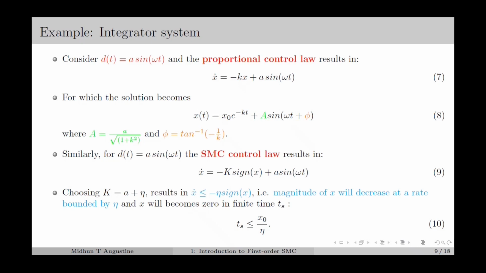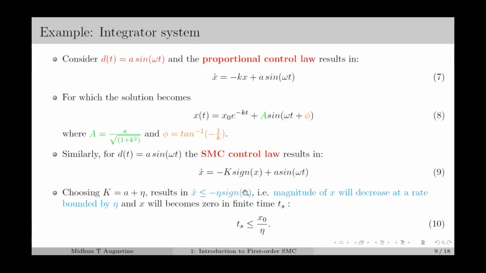Similarly, for the disturbance d equal to a sin omega t, the SMC controller results in x dot equal to minus k signum of x plus a sin omega t. Now here, if we choose the switching gain k equal to small letter a plus eta, where eta is some positive constant, we can ensure that x dot is less than or equal to minus eta signum of x.